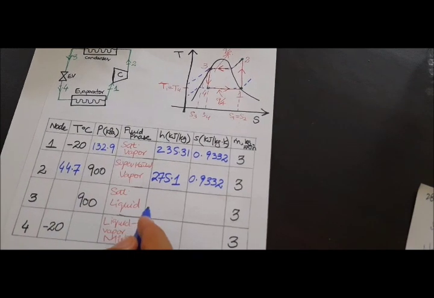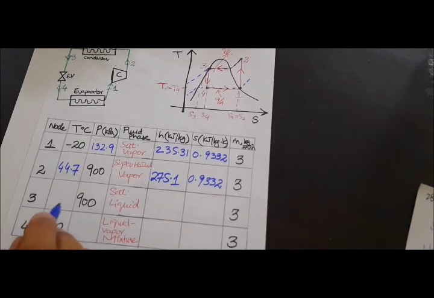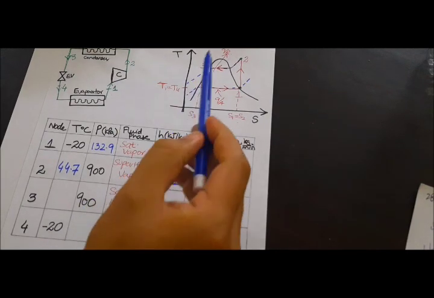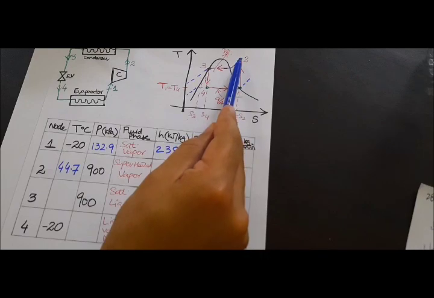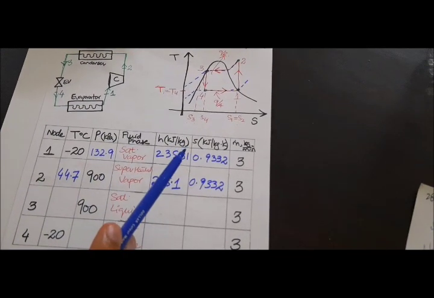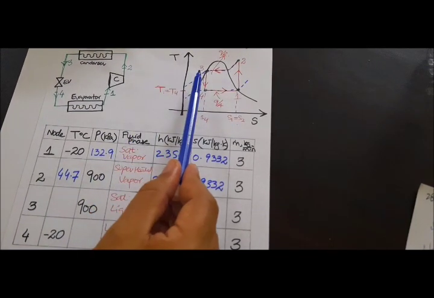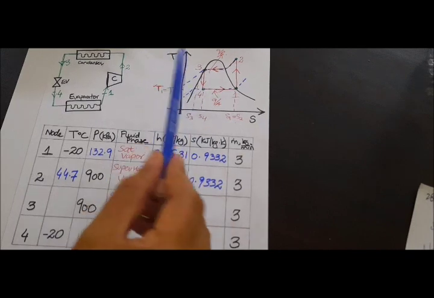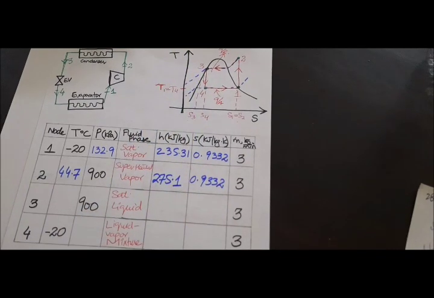So over here you can see that again we know the 900 kilopascal pressure, we know the state. Whatever is the pressure at 2 would be the pressure at 3. Now what is the temperature at 3, or what is the enthalpy and the entropy at 3?